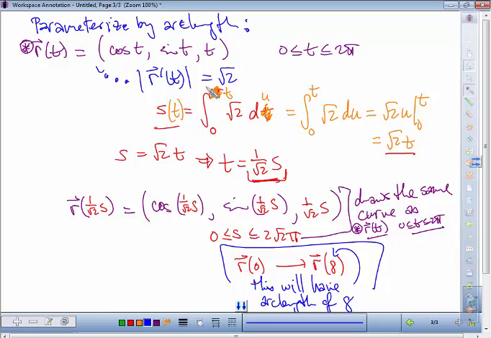All right, let's talk about curvature now. So there's a couple of definitions for curvature. The first theoretical definition about curvature assumes that you can take a curve and parameterize by arc length. So the first definition of curvature actually takes a couple of things that we've just talked about.